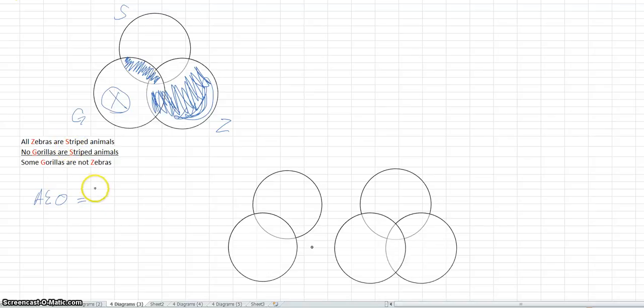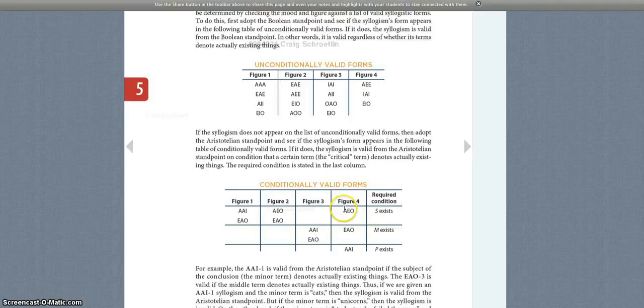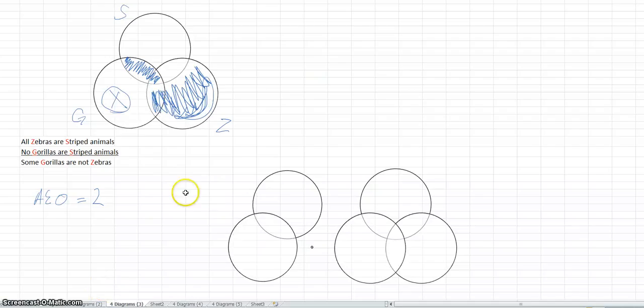Therefore, we know that it is a figure 2. So the mood and figure: if we go back to this statement, we have an AEO figure 2. So we know that it's conditionally valid. We don't have AEO here, so it's only conditionally valid Aristotelian. Therefore, this syllogism equals valid.